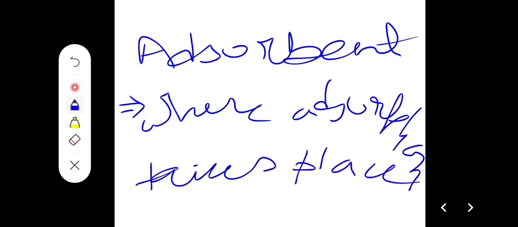Same analogy: if chalk dust is added on the surface of the water, the chalk dust adsorbs on the water layer. So in which place does adsorption take place? This is water, right? So water is the adsorbent, B-E-N-T, and chalk dust is the adsorbate, B-A-T.